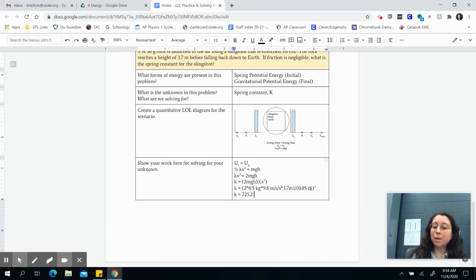But then I'm dividing by meters squared, so those meters are going to be gone. It's going to be left with kilograms per second squared, which is a really weird unit. You can simplify it other ways, and it becomes newtons per meter. So that's how much force per meter you're stretching or compressing it with. That's going to be the value for k.